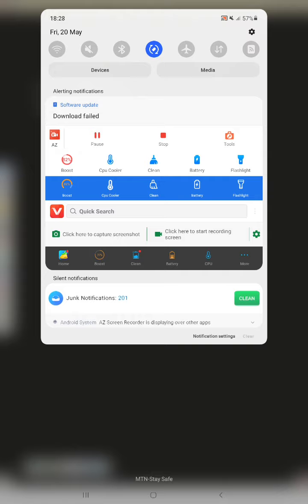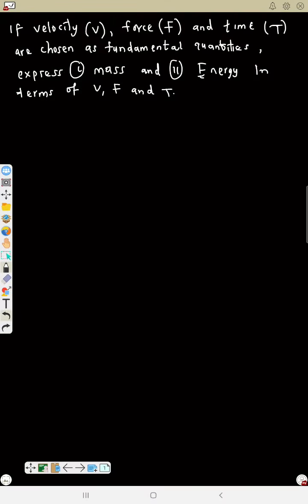Another example: if velocity V, force F and time T are chosen as fundamental quantities, express mass and energy in terms of V, F and T. So let's start with the first one, mass.